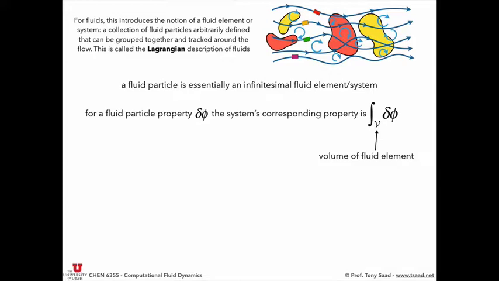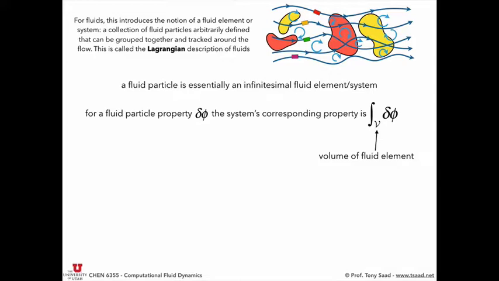Delta m is the mass of this fluid particle. So for a system or a collection of these fluid particles, what is the mass of the system? It's simply the integral over the volume. We're going to use the scripted V to describe the volume of a material element. That's going to be the integral over the entire volume of delta phi. So in this case, for the mass of a system, it's going to be the integral of delta m over V.